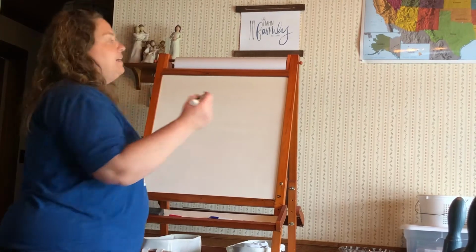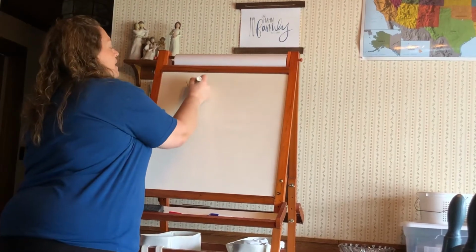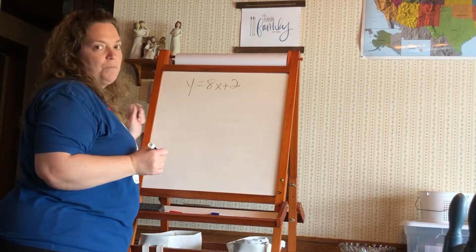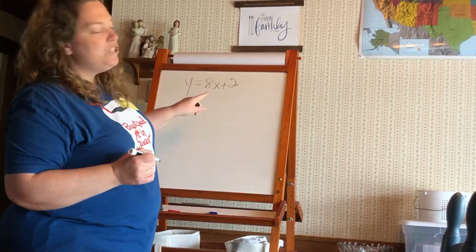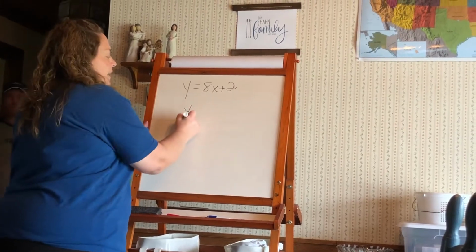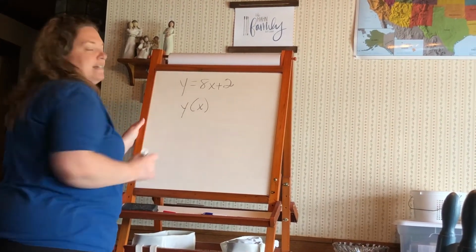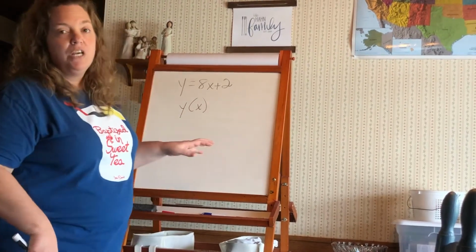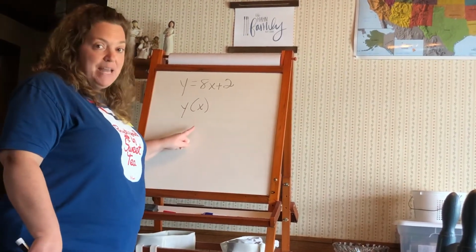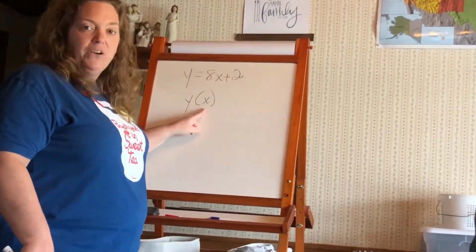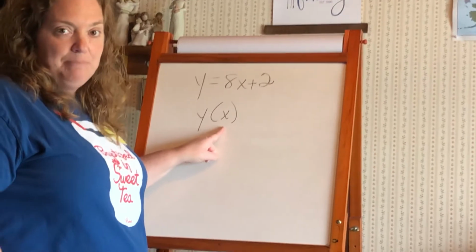So let's take the function we were working with in the last lesson, y equals 8x plus 2. What we do to write this in functional notation, we would say y of x. That's it. Functional notation, you always have the dependent variable on the outside, independent variable is on the inside.